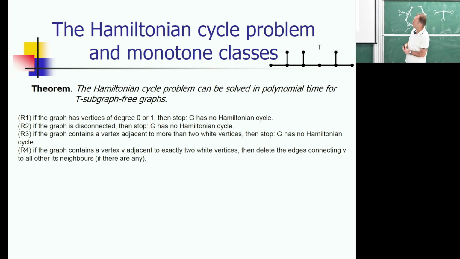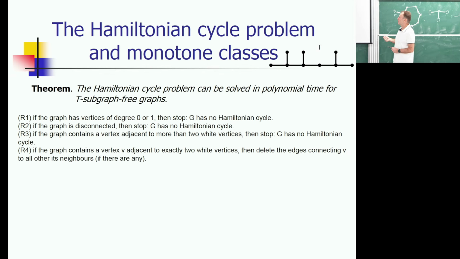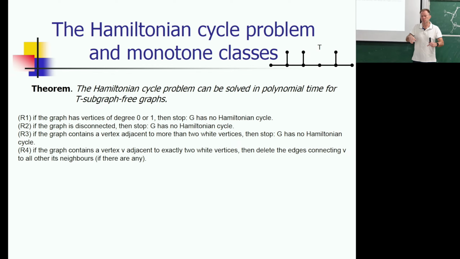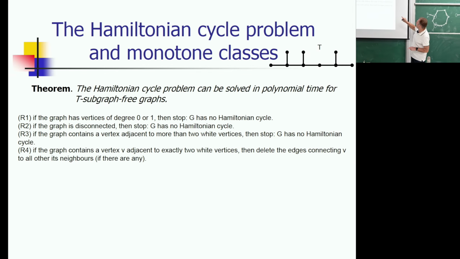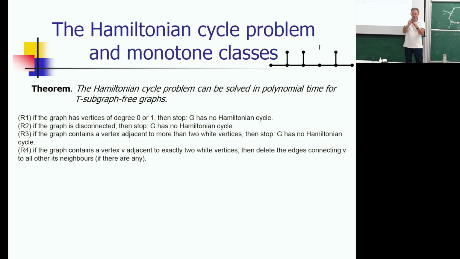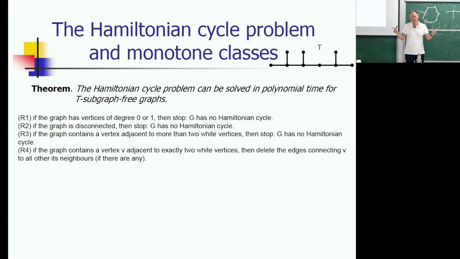And if the graph contains a vertex V adjacent to exactly 2 white vertices, then we can delete all other edges connecting V to the white neighbors, because we know that the 2 edges are mandatory, and the other edges will not be used in any Hamiltonian cycle. And by deleting an edge from a graph in a monotone class, we obtain a graph in the same class.